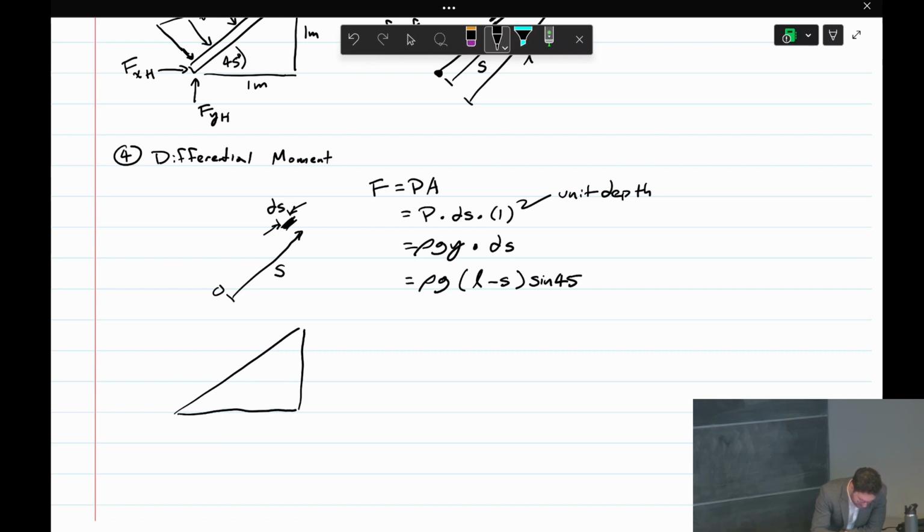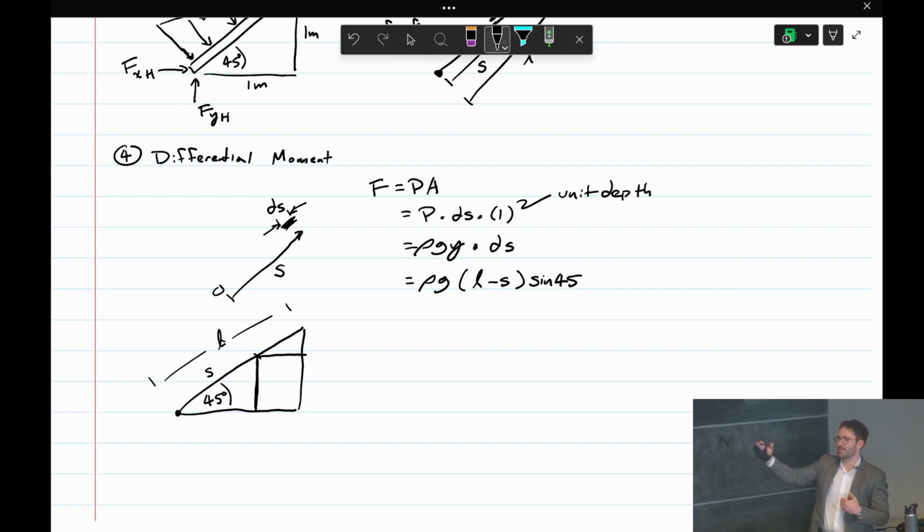So this is the overall geometry of our problem. The overall length of this is L. So that's the length of the gate. At some element here, it's a differential element, so I'm just going to make a little point there. I defined s as the distance from the hinge to that differential element. So the length of this triangle is going to be s, and this is 45 degrees.